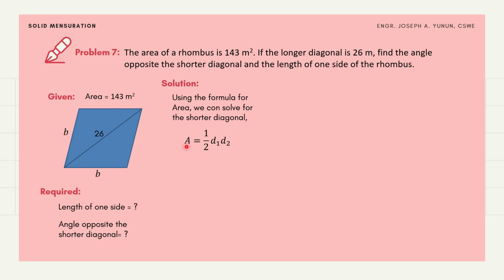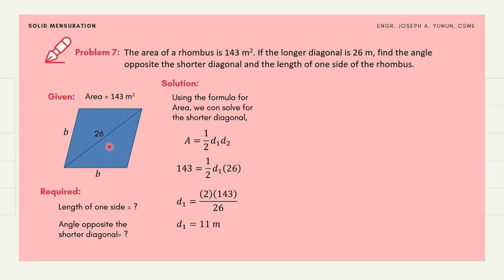So substituting the value of area and the diagonal 2, which is the longer. Diagonal 2 is longer, diagonal 1 is shorter. Simplifying that to solve for d1, you get this equation. And using your calculator, 2 times 143 divided by 26, you'll get the shorter diagonal as 11 meters.